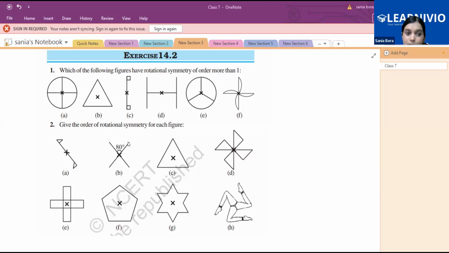Ma'am, the H word for question 2 looks so funny. Oh, why is it 3 legs, ma'am?